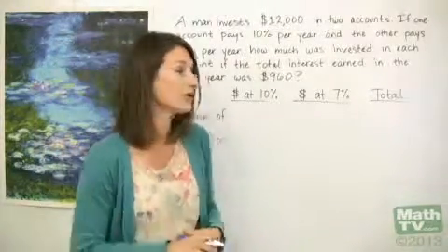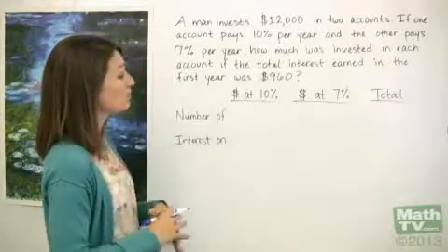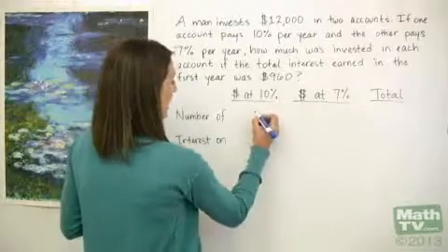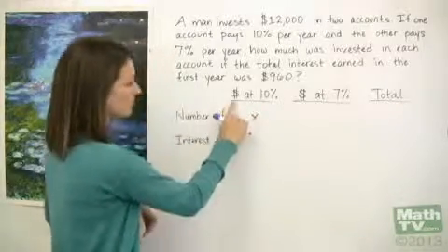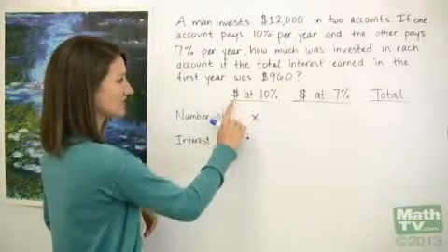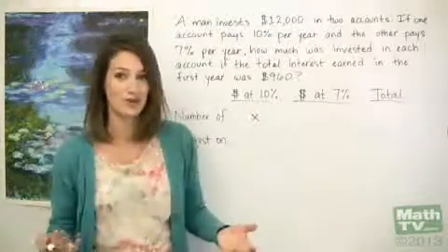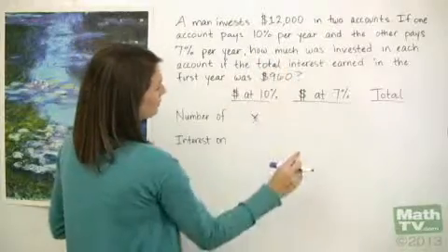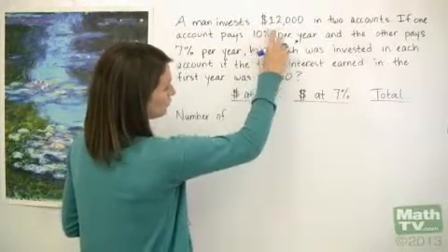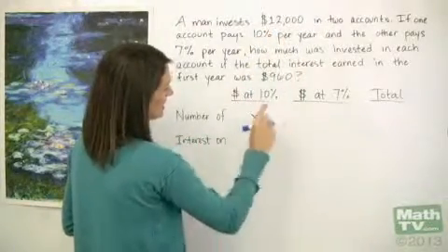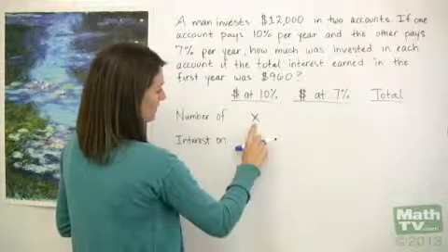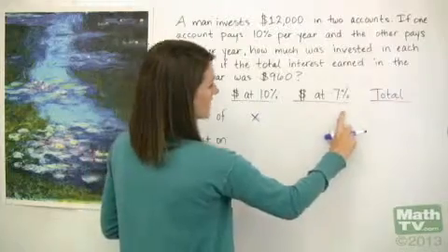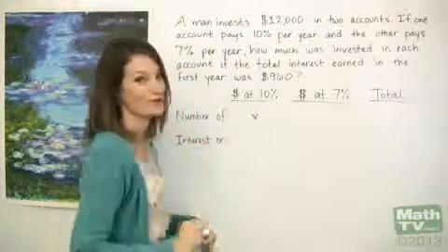That's our unknown. So moving on to step 2 of our blueprint, let's assign a variable. And let's assign our variable x to the number of dollars that are invested into the one account that pays 10% interest per year. So then we can use the information from the problem, the total amount of $12,000 invested, and the variable that we assign to this first account in order to write an expression for our second account that pays 7%.